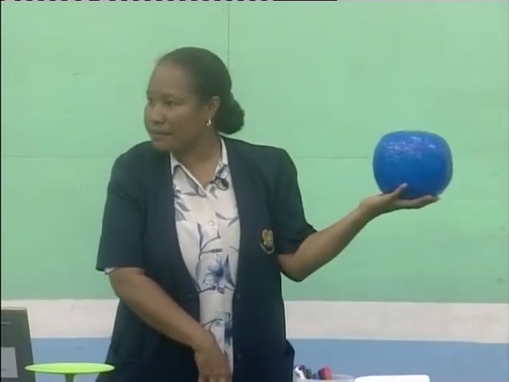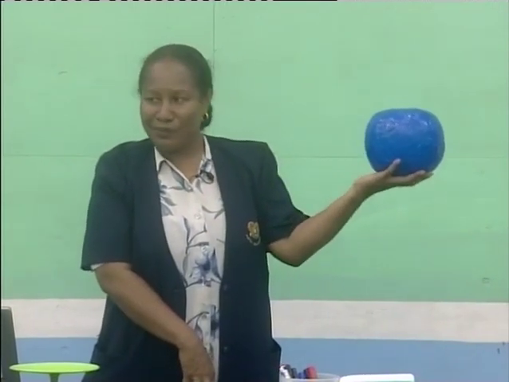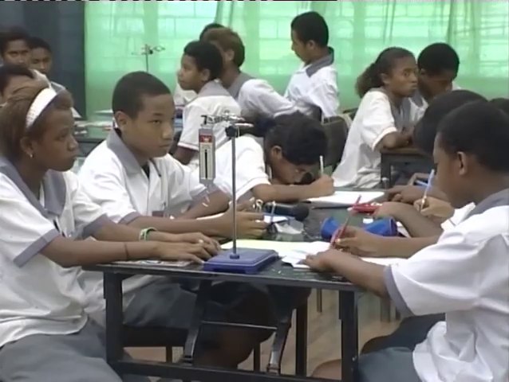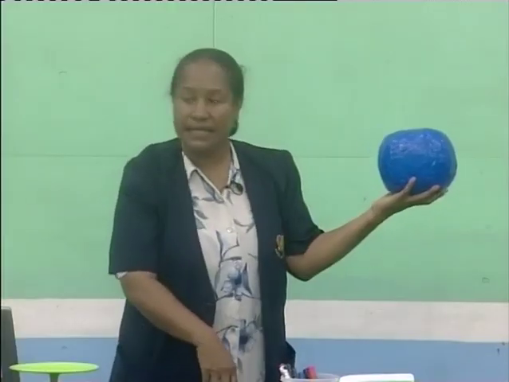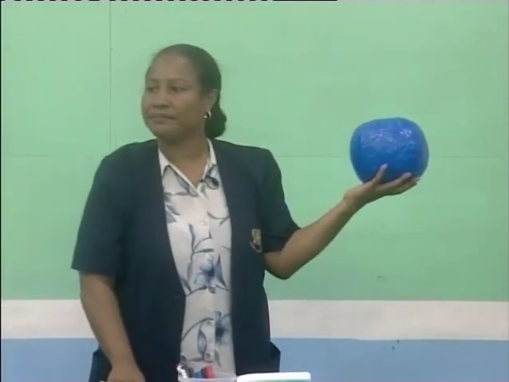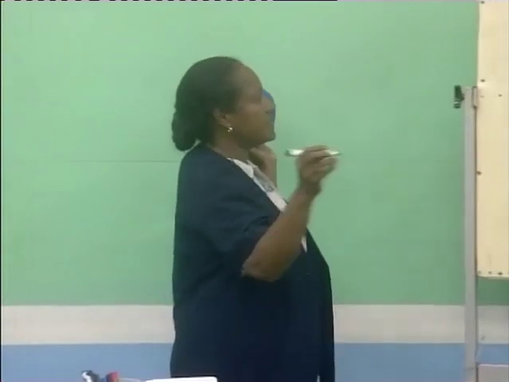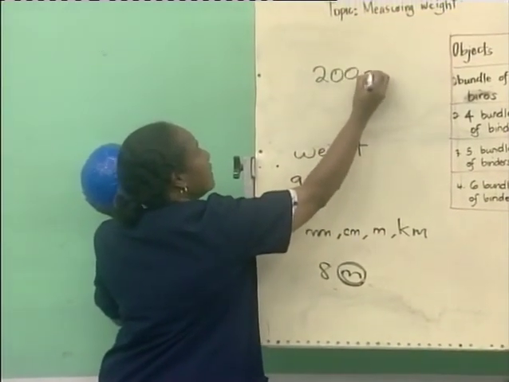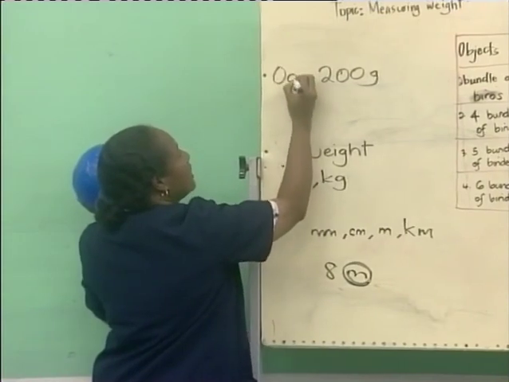How many grams do you think this model would weigh? Oa? Let's take Oa's guess. 200 grams. Very good. His guess is 200 grams. Anyone's got another answer? That's Oa, so I write his name down.